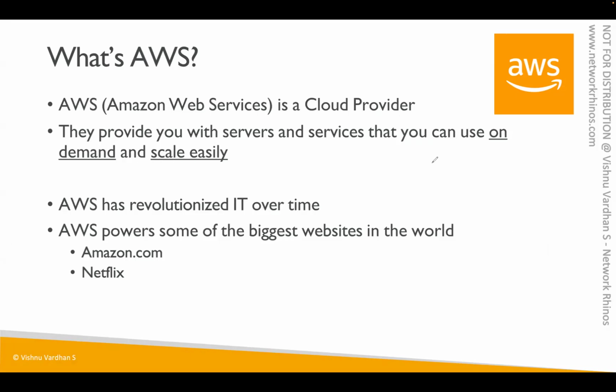When I say on demand and scale easily, these are very, very important terms in AWS or cloud services. Think like this, night 3 a.m. in the midnight, you need a cloud storage to store some important files. Maybe you need 5 GB of file storage.